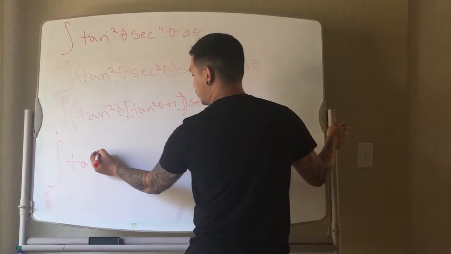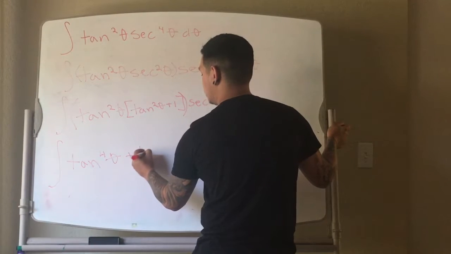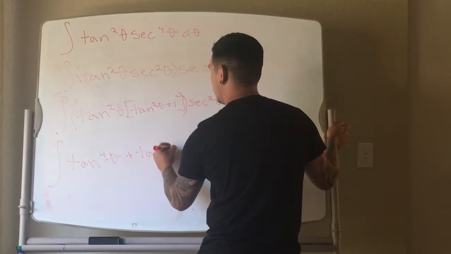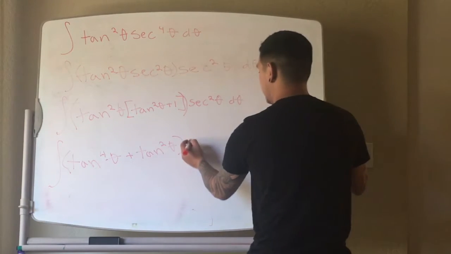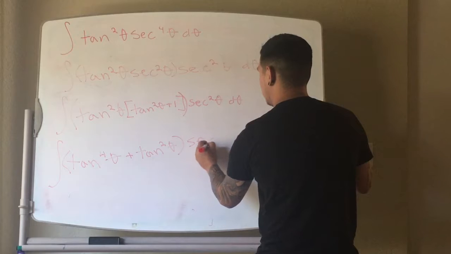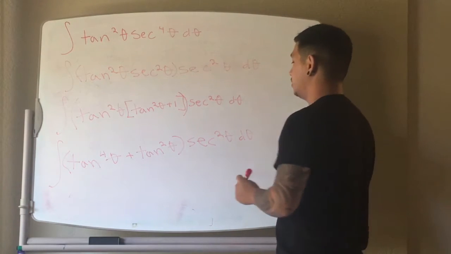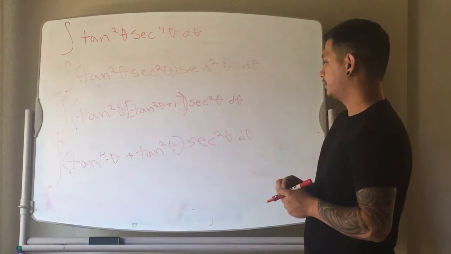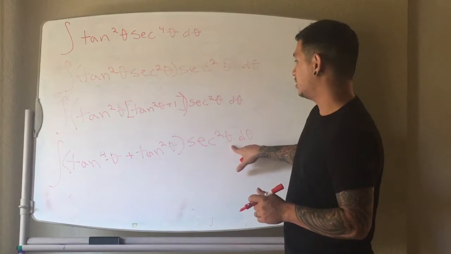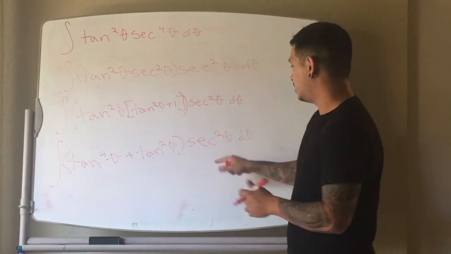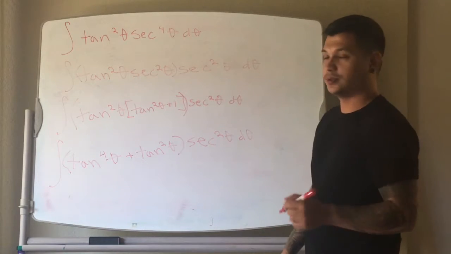Remember, you add exponents, that's tan to the 4th theta plus tan squared theta, secant squared theta d theta. Now we could distribute it again, or we can use U-substitution.